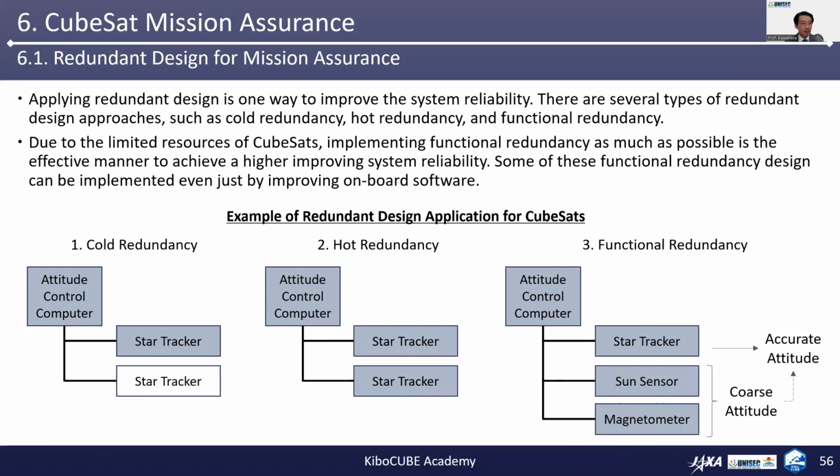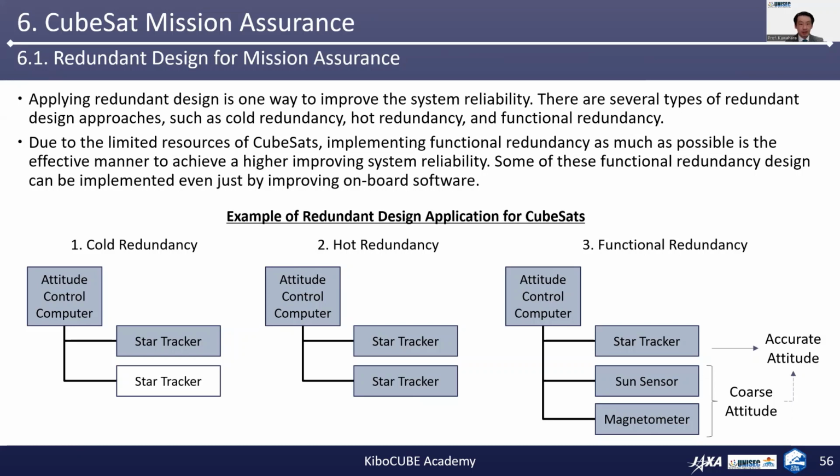Cold redundancy introduces redundant or spare components such as two star trackers, as illustrated in this figure on the left side. Only the nominal component is used as default, and if it fails, the backup component is powered on and used.